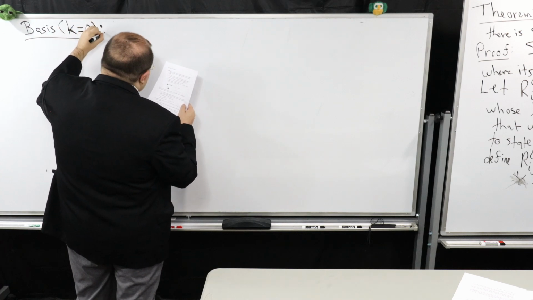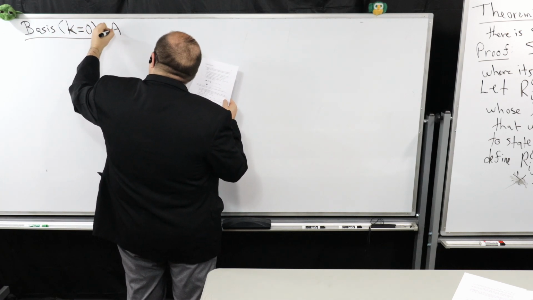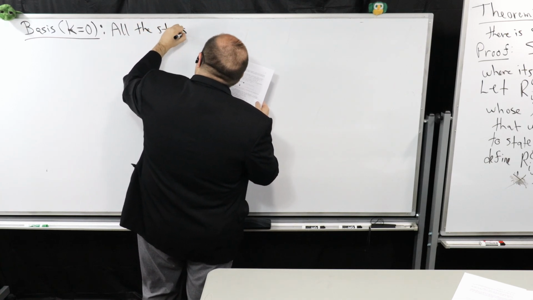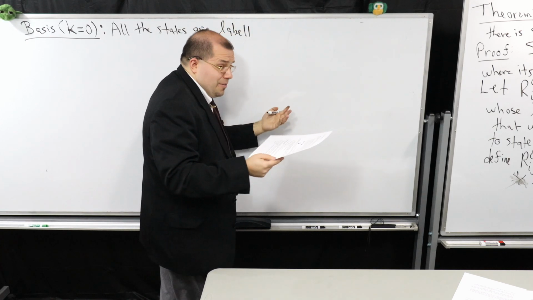So I'm going to start off with the basis. I'm going to assume k is equal to 0. When k is equal to 0, just remember, all the states are labeled 1 or higher, right?